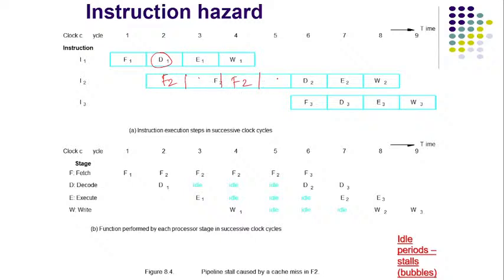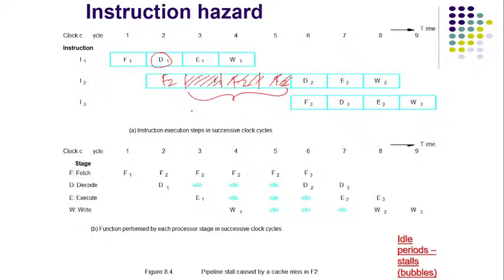Here also it is fetching, but it is not available. It is supposed to take only one clock cycle, right? But it is taking 3 extra clock cycles. So these 3 extra cycles are called the 3 idle periods.